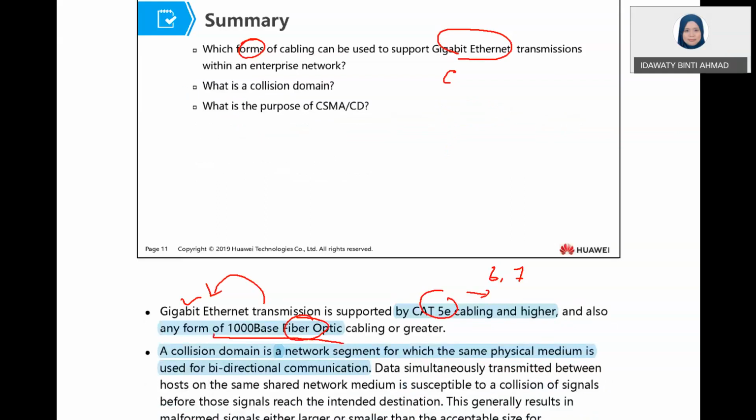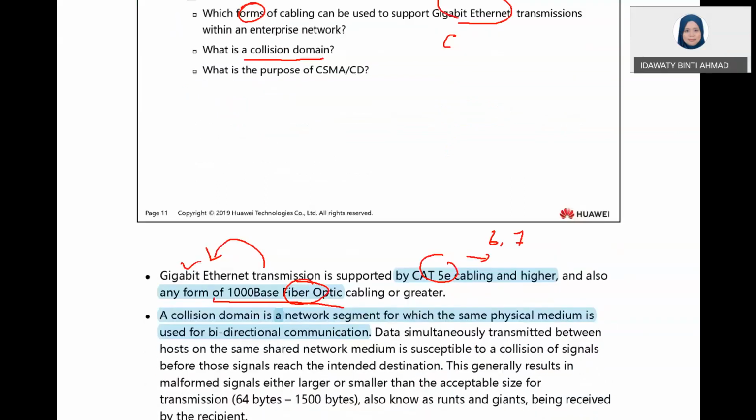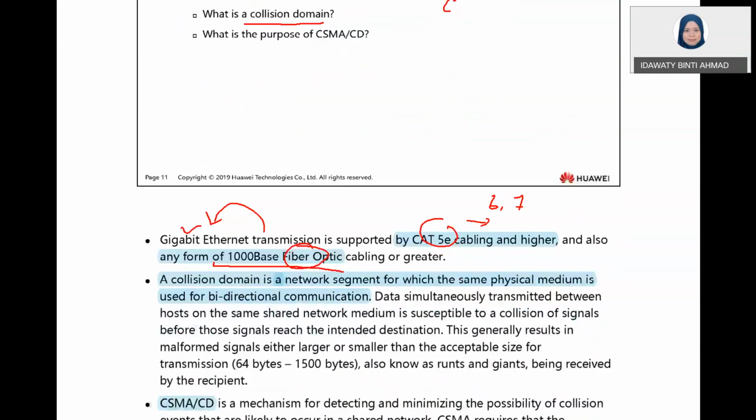So what is a collision domain? A collision domain is a network segment in which the same physical medium is used for two-way communication. You can send and receive.